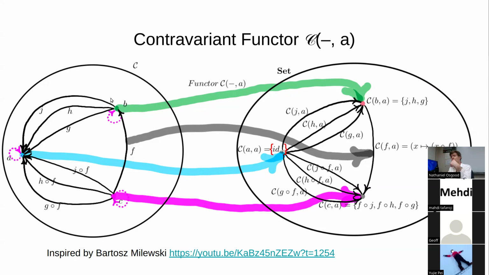But here we are instead looking at the contravariant version, C(-, A). For a given A, we map each object into ways of going from that object to A. Going to A, right?